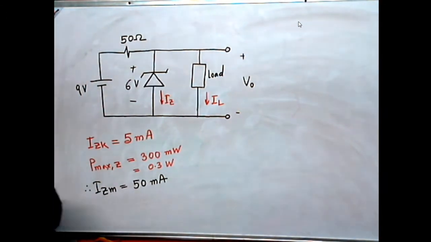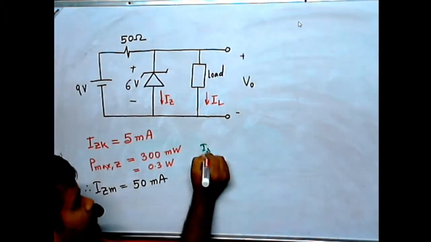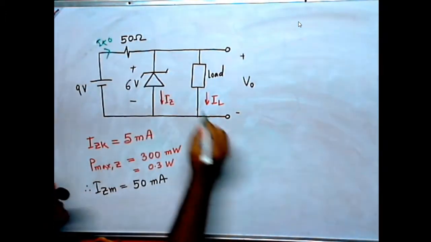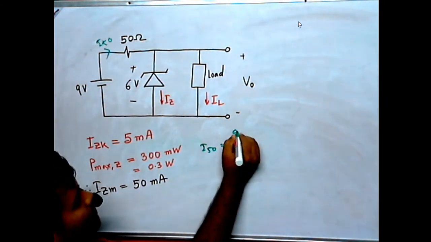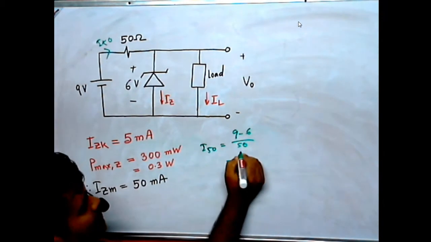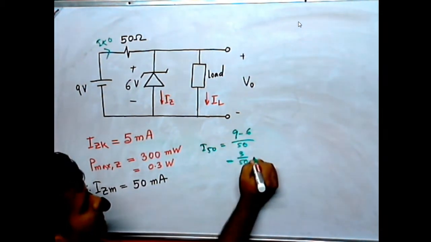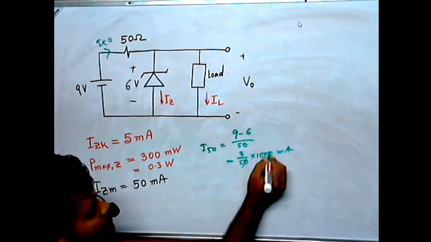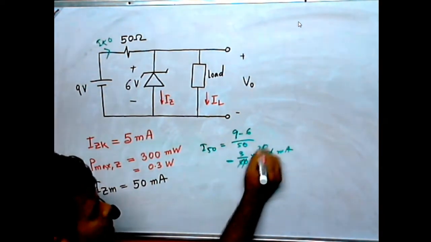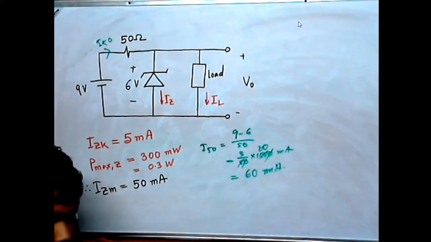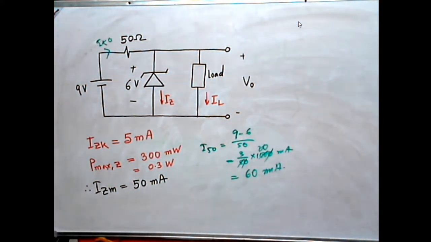What is the current through this 50 ohm resistor? Let's say I50. I50 is 9 minus 6 divided by 50. So this is 3 by 50 into 1000 milliampere, 60 milliampere.